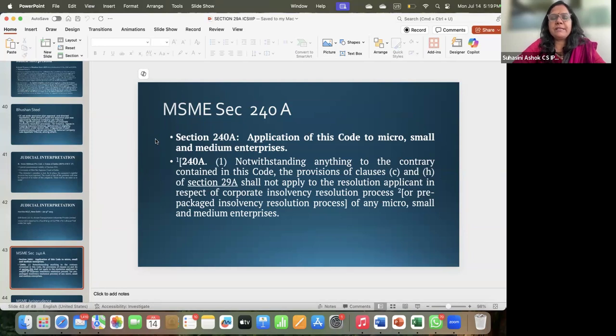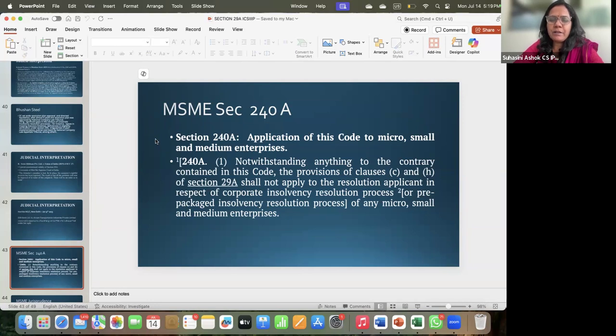Again, if we see Section 240A, which gives an exception to the MSMEs for ineligibility. One important recent development was pre-pack insolvency.